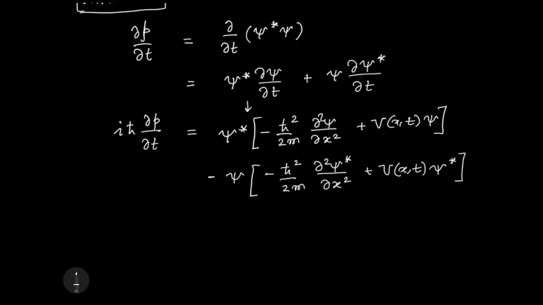If I look at the right hand side, this term is v psi star psi. This term is also v psi star psi with a minus sign. So they will cancel out.